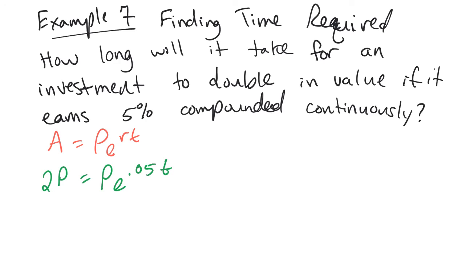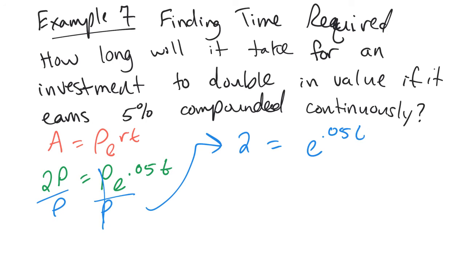Now, we're going to start this just like we did the last problem. We're going to divide both sides by P. That gets rid of that P there, right? So now we have that 2 equals e to the 0.05t. Now, we want to rewrite this. Basically, we're going to take the natural log of both sides, because this will help us get rid of that e and bring that 0.05t out of the exponent.